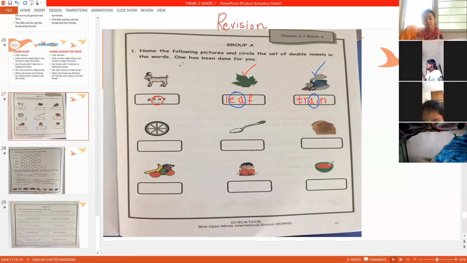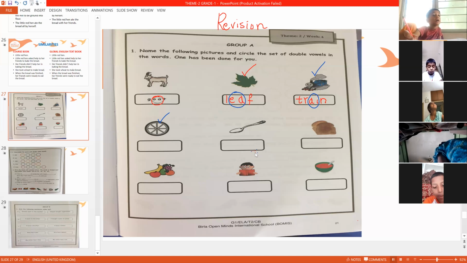Now let us see the next one. What is the next picture you have here? Wheel. Yes, wheel. W-H-E-E-L. Wheel.